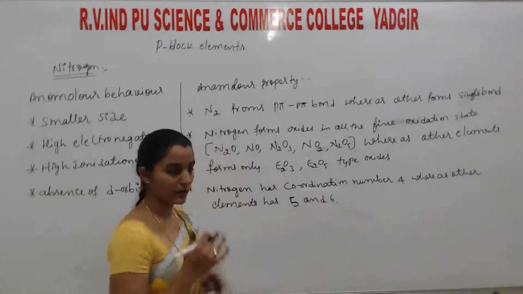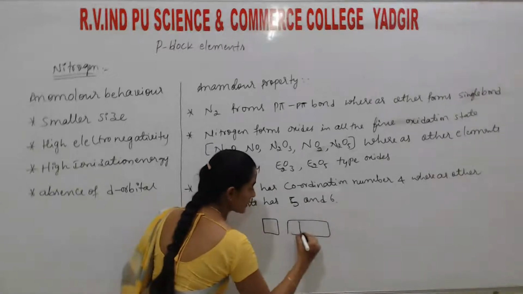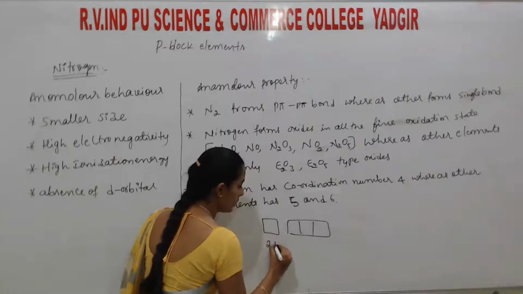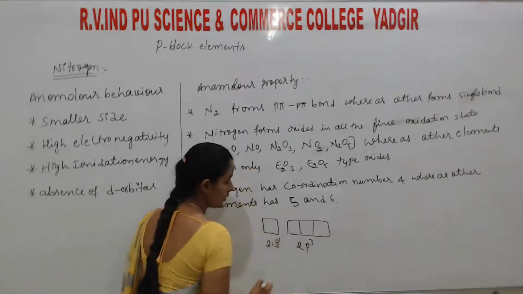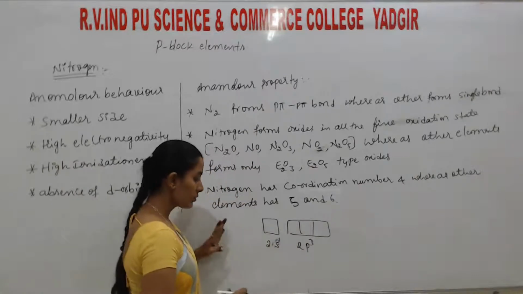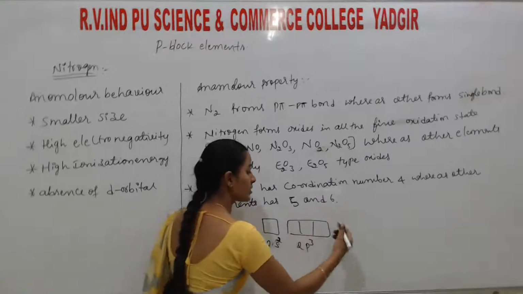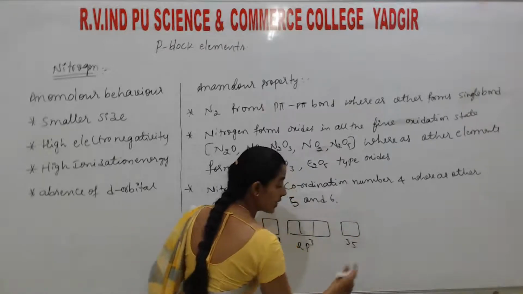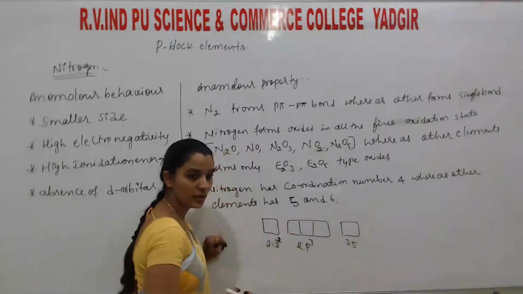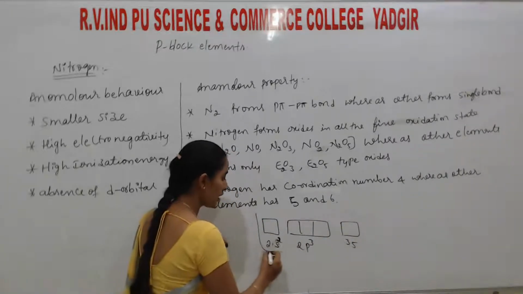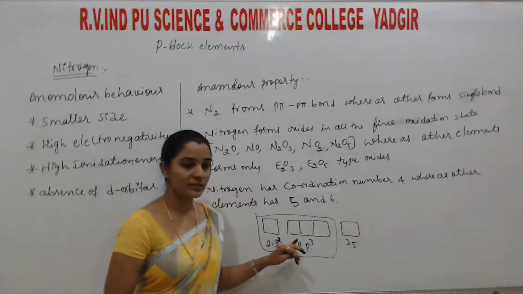What is the reason for that? Listen, nitrogen consists of only 2s and 2p orbitals. So nitrogen has 4 orbitals. The next orbital is 3s, a higher orbital. It requires more energy to handle the extra subshell. So that's why it has 4 subshells, which means its maximum coordination number is 4.